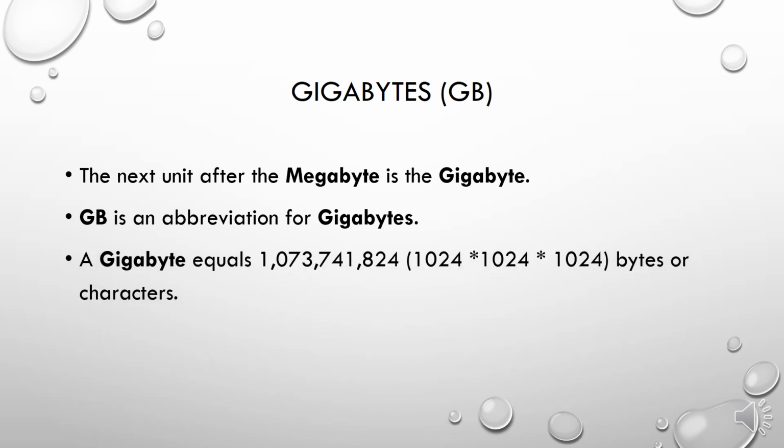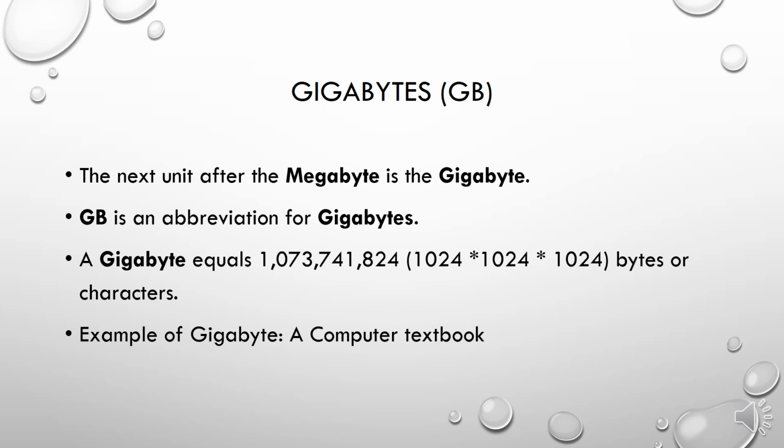A gigabyte is equivalent to 1 billion 73 million 741,824 bytes, which is equivalent to 1024 multiplied by 1024 multiplied by 1024, 3 times, which is 1024 to the power of 3. So 1 gigabyte is approximately 1 billion bytes or 1 billion characters.